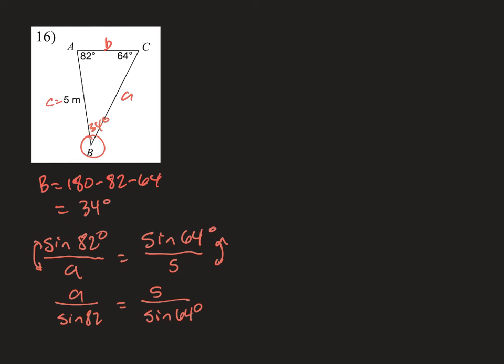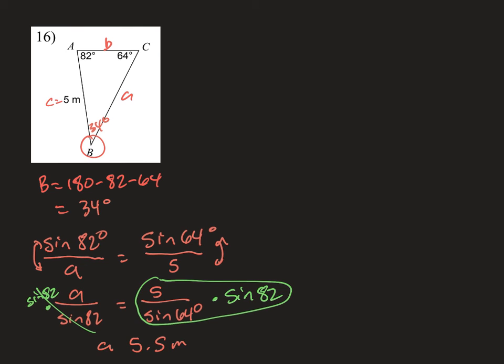Then to solve this, we simply multiply both sides by the sine of 82, like we did in another video. So these cancel out, and I'll get sine of 82 over here. If I do this math on my calculator, I'll know what side A is. That's approximately 5.5 meters. I rounded it off to 5.5. So letter A here is 5.5 meters.